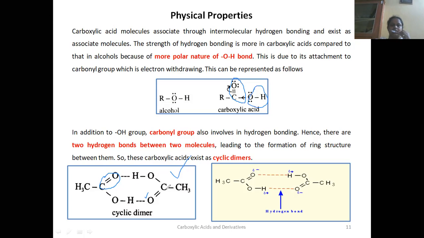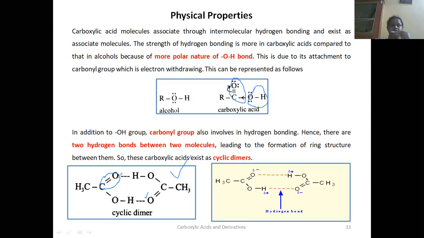What is the necessary condition for hydrogen bonding? There should be an electronegative atom and there should be hydrogen. This hydrogen should be attached to the electronegative atom. Then only it will get a positive charge and the other will get a negative charge. The difference in polarity gives the electrostatic attraction between these. So we have two such conditions here.